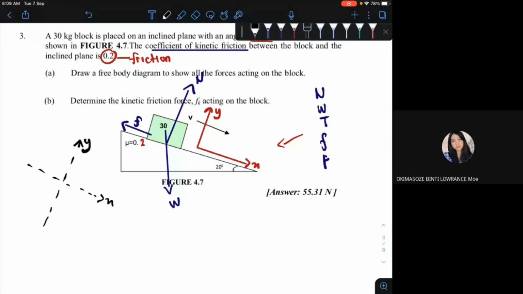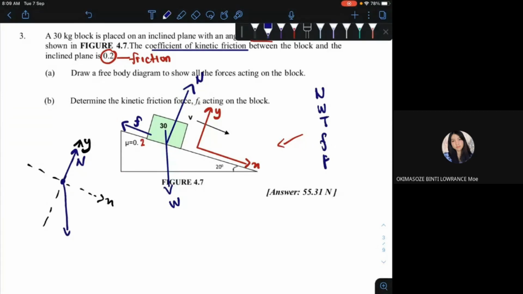This is your y. Dia incline sebab surface kita pun incline. And then this is your object. So kita akan ada normal along y component. Ini normal. Okay, parallel, normal dengan y kamu parallel sini. And then your W should always towards the center of earth.